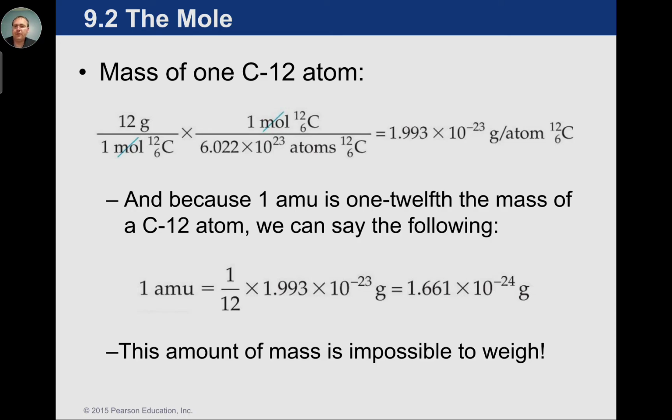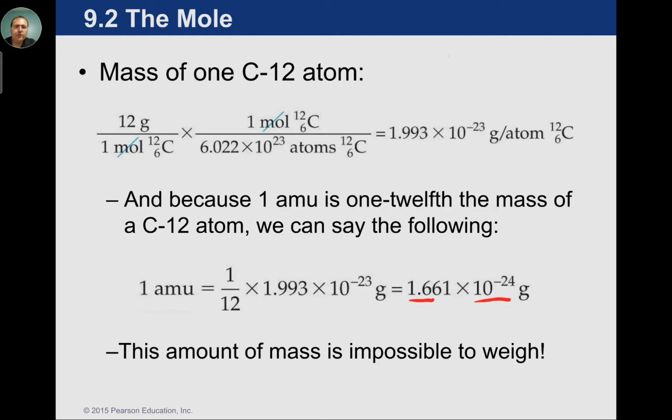The disadvantage of carbon, or any atom for that matter, is they're super tiny. So if we were to try to measure one atom, the disadvantage of that is, for carbon, it's 1.6 times 10 to the negative 24 grams. So just how many carbon atoms are going to be needed in order for us to recognize it on a balance?